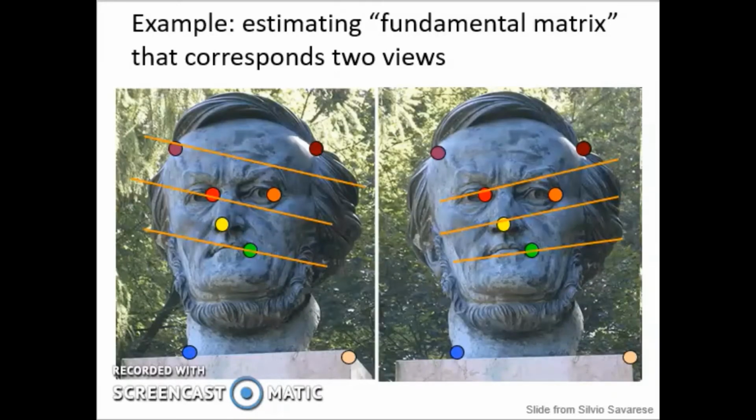Another example is the estimation of the fundamental matrix that corresponds to two different views when we are comparing two different images. For example, in this case, you can see the two images, one on the left hand side, one on the right hand side. These are basically different views from which the images have been captured of exactly the same scene, the same person. And how can we do this point correspondence?